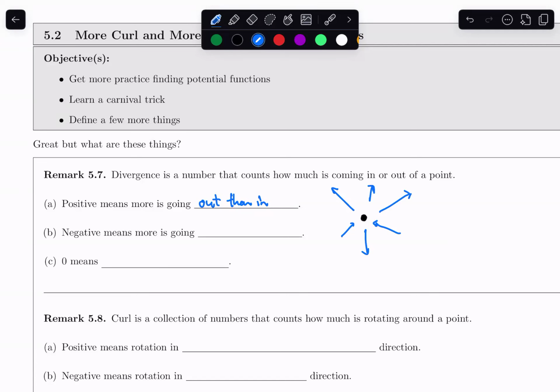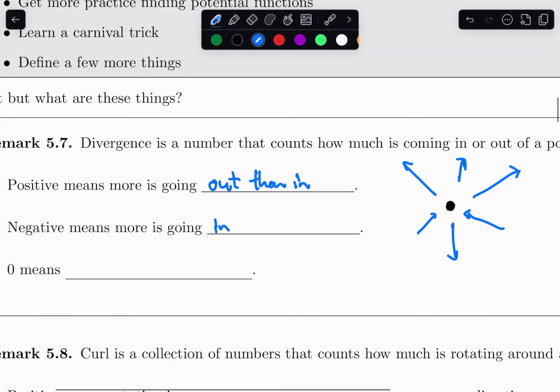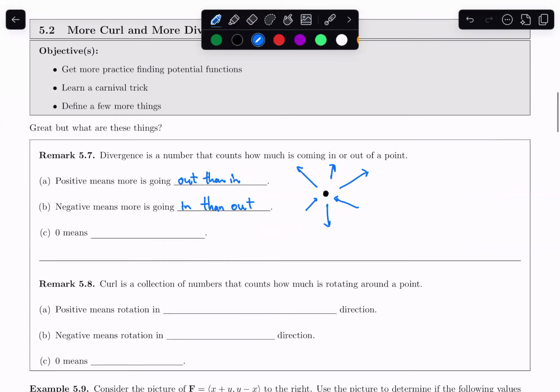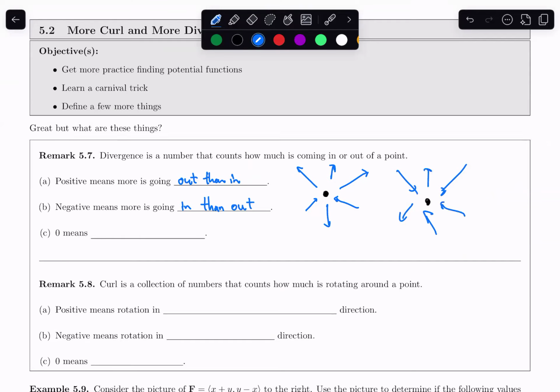Negative means that more is going in than out. So a different point over here. And again, maybe you have more vectors coming in. It doesn't need to necessarily be all of them, but more coming in than going out.